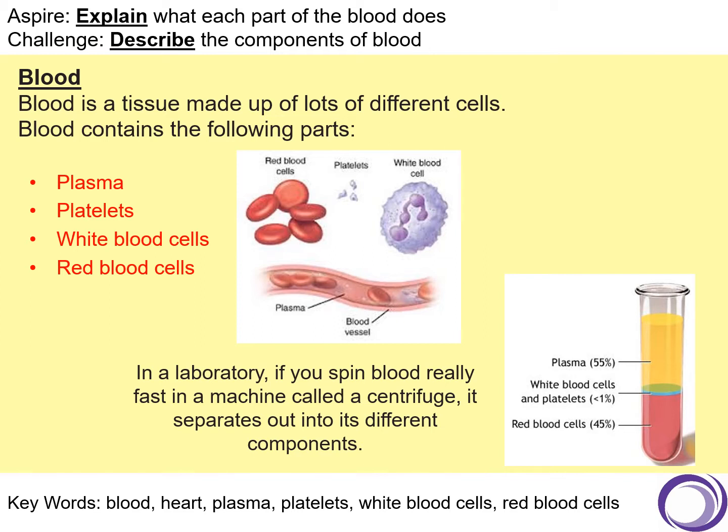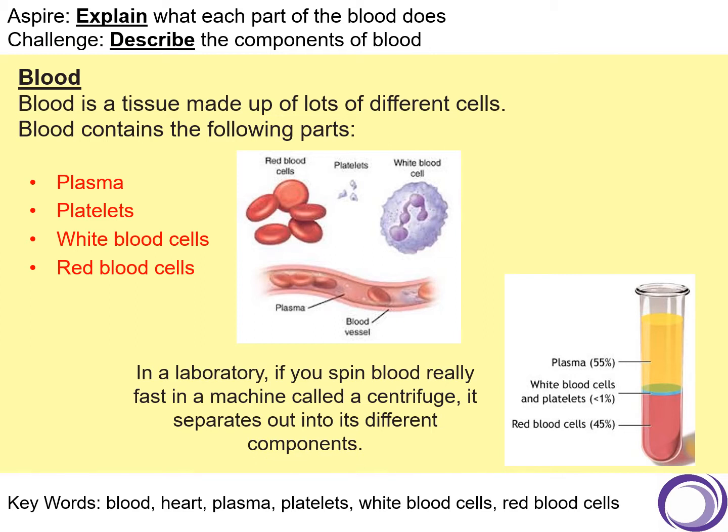The blood contains the following four parts. The first part is the plasma. The second part are platelets. The third part are white blood cells. And the fourth part are red blood cells. Now, in a laboratory, we can use a special machine called a centrifuge.